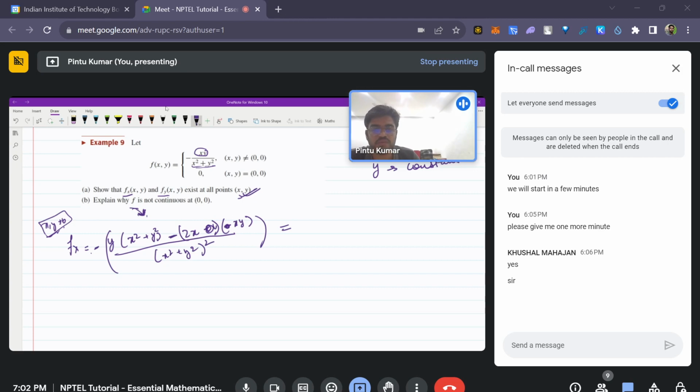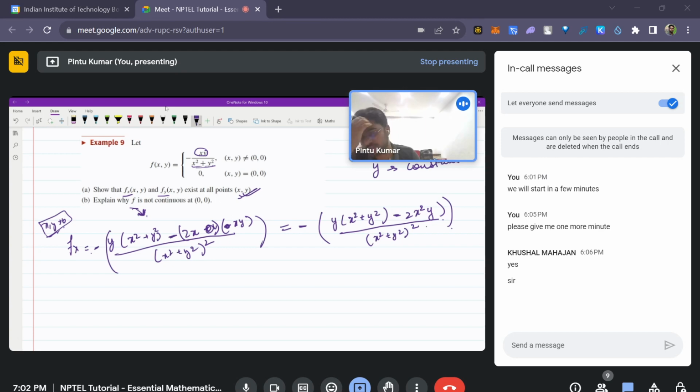So what is this value? This would be y times x square plus y square minus 2x square y, right, divided by x square plus y square whole square, right.